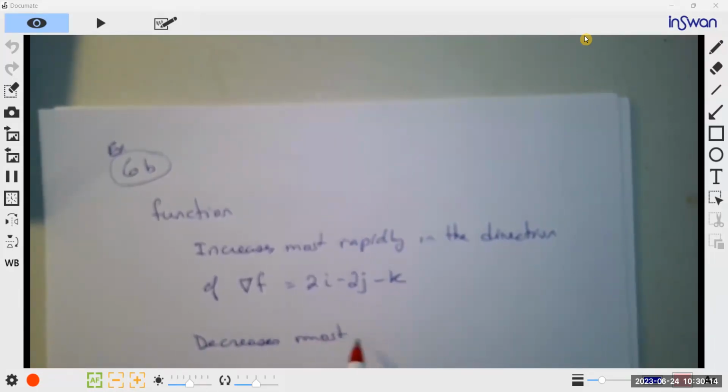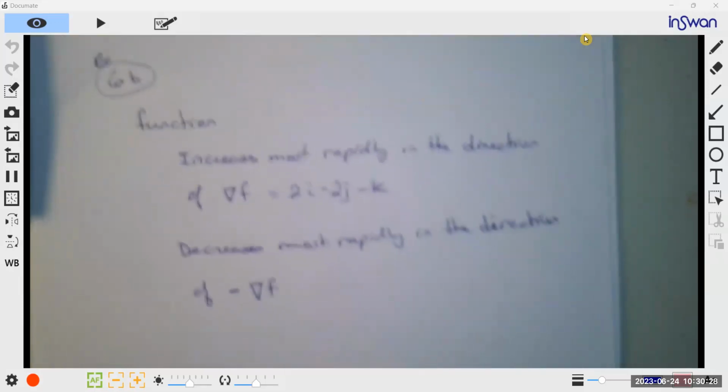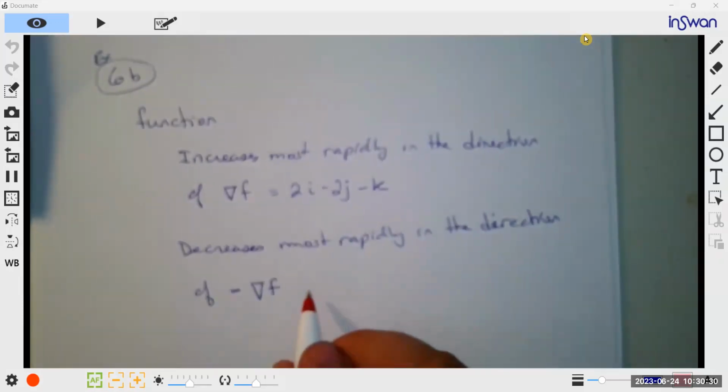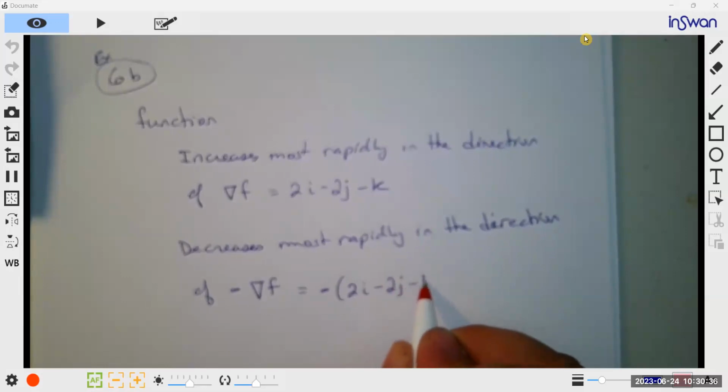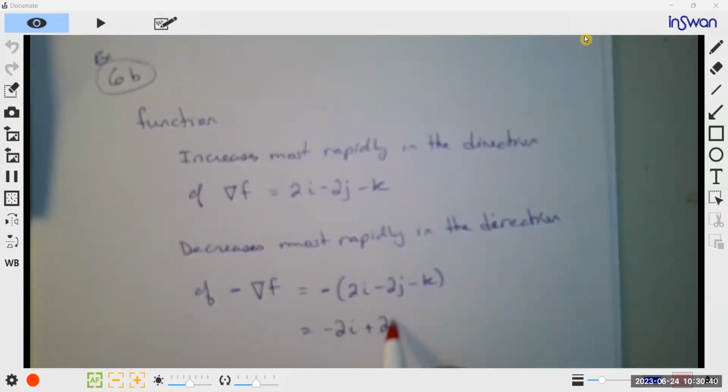Decreases most rapidly in the direction of negative del f, which is negative 2i plus 2j plus k.